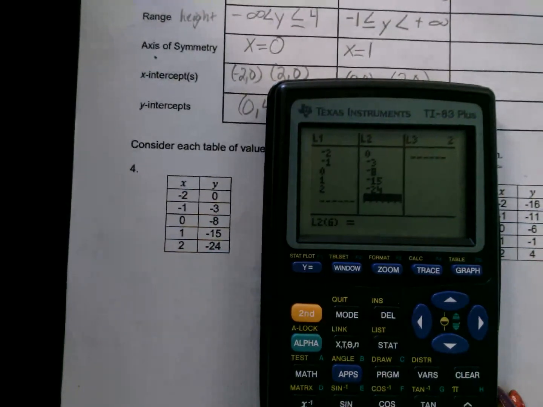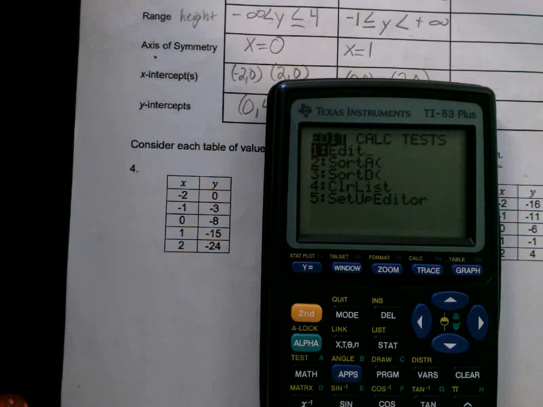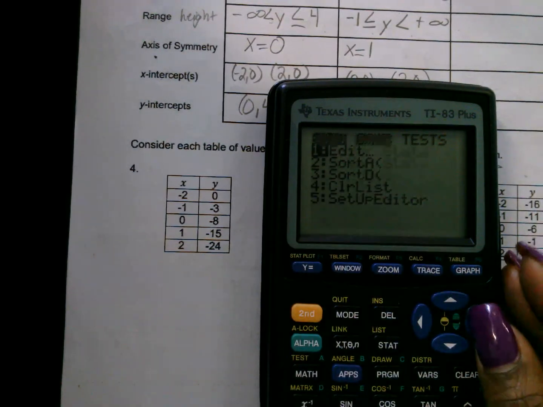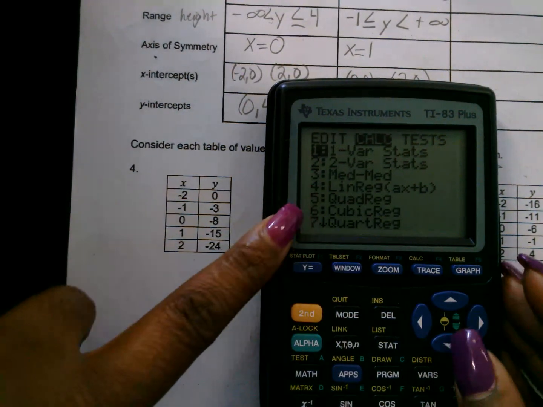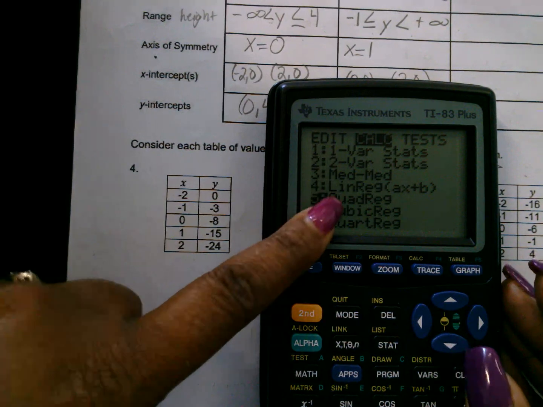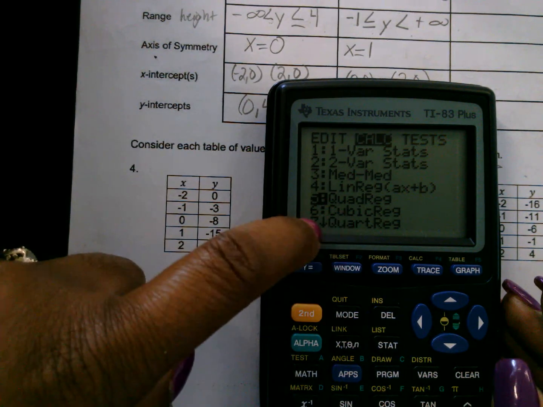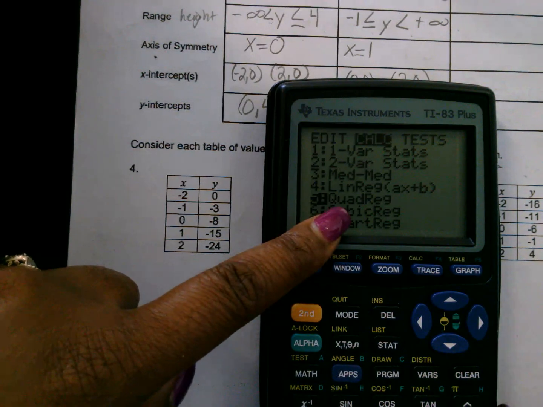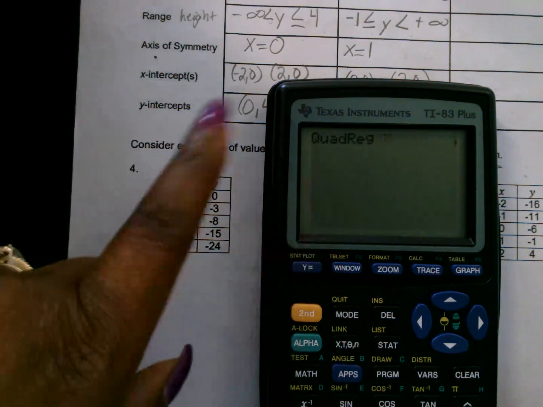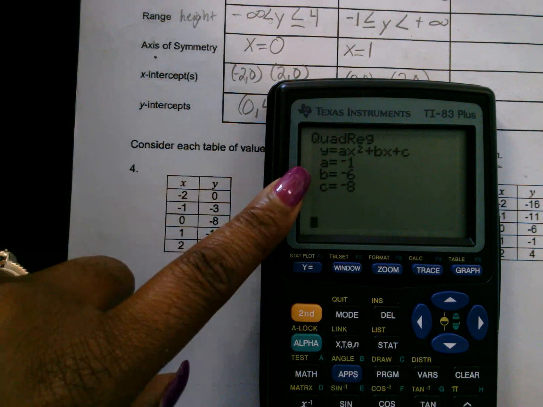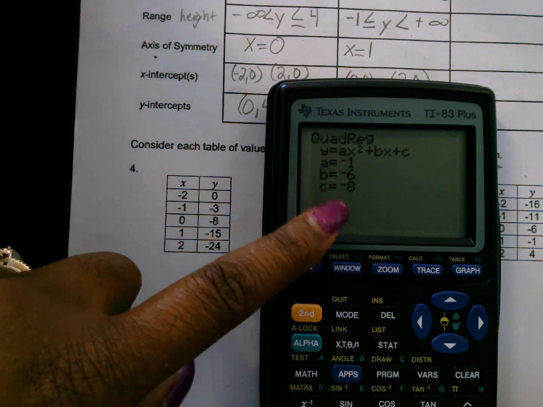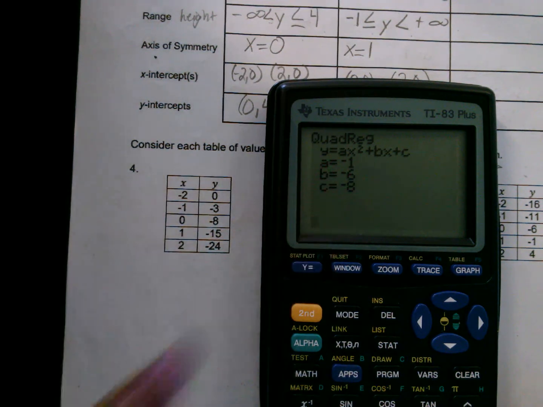Now we're going to go to stat, then over to calc. And instead of doing lin reg or expo reg, we're going to do quad reg, right here. Press enter and press enter again. So it's giving you what the A is, what the B is, and what the C is.